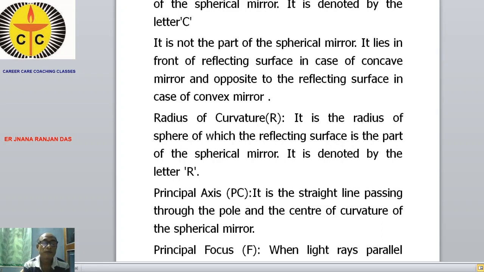Then what is the principal axis? The principal axis is a straight line passing through the pole and the center of curvature of the spherical mirror.